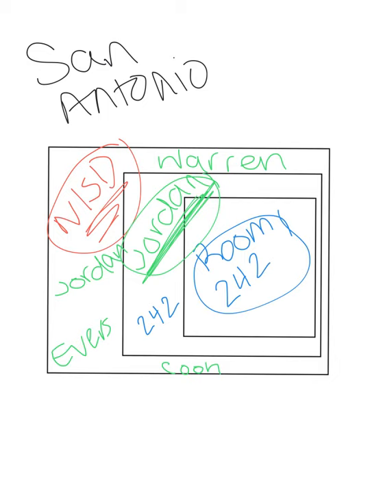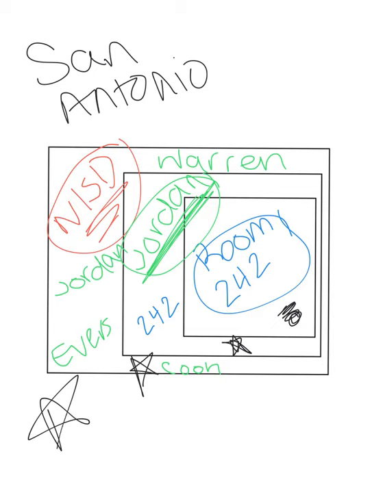So our Venn diagram works its way out. You start with something small in your first one, then we get a little bit bigger in our second layer, and a little bit bigger in our third layer, and then our last one is the biggest thing of them all.